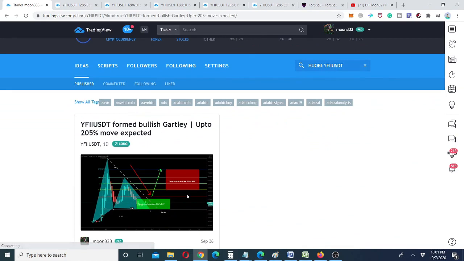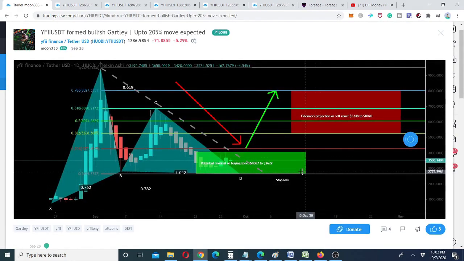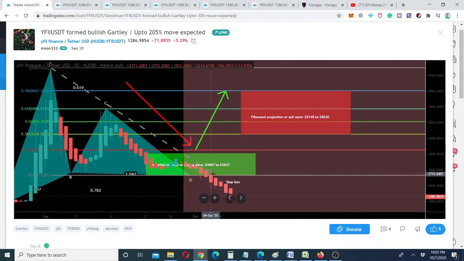And now I'm playing this chart, and it can be easily observed that the price action has clearly broken down this support of the potential reversal zone. Now where can the price action move, whether it will move further down for the completion of the bullish butterfly, as I told you in my previous video. In today's video we will try to observe it, and understand what the price action can do next. Now let's move to the live chart.